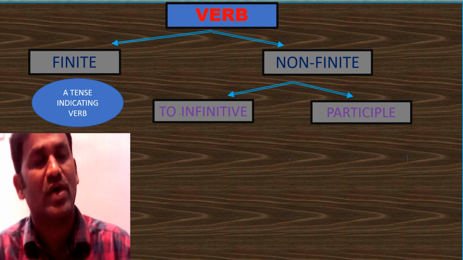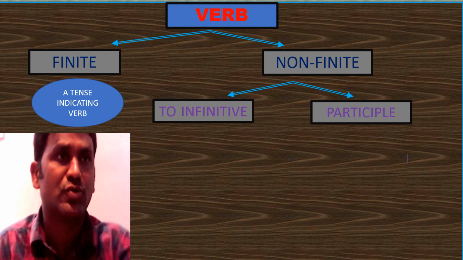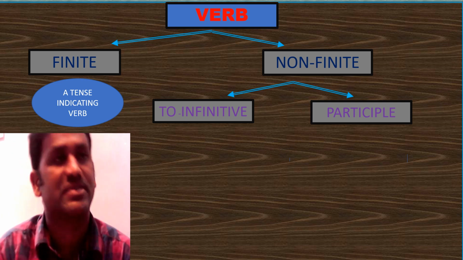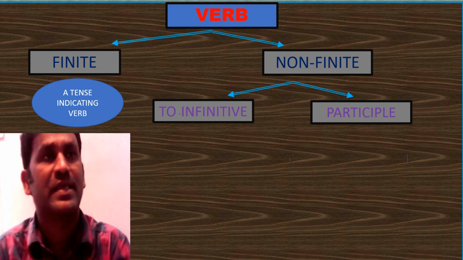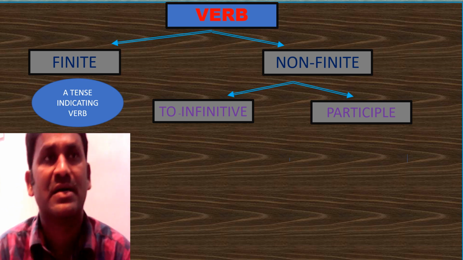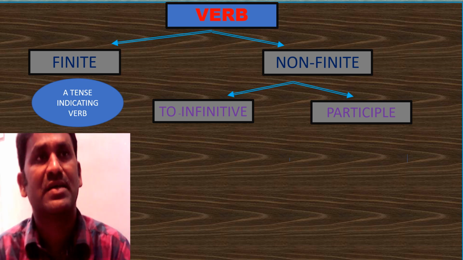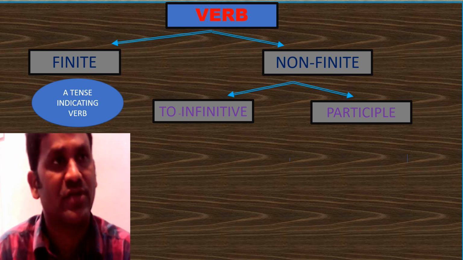So here, whatever be the main verb, to read a book is common. So to read a book does not determine the tense here. So this to plus V1 is called to infinitive. That does not indicate any tense, so that comes under non-finite verb.